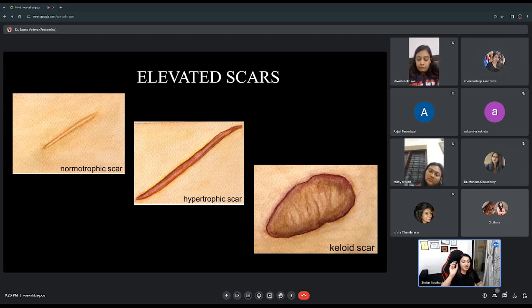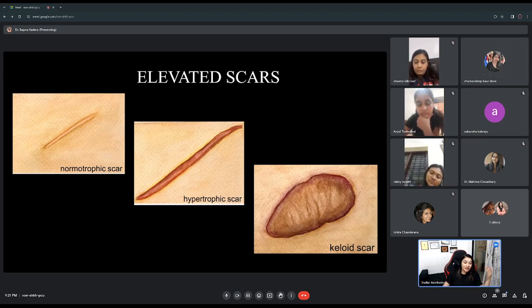So if a patient has got an injury, healing has happened, keloid has formed, and the patient comes and tells you, I got an injury 3 months back, you cannot touch that scar. You'll have to wait. If he has come after 9 months and you ask him, is your size increasing, and he says, it was increasing for a few months, but then 3 months back it stopped increasing, you need to wait for 3 more months. The keloid should be stable for at least 6 months. Then only you can touch it.